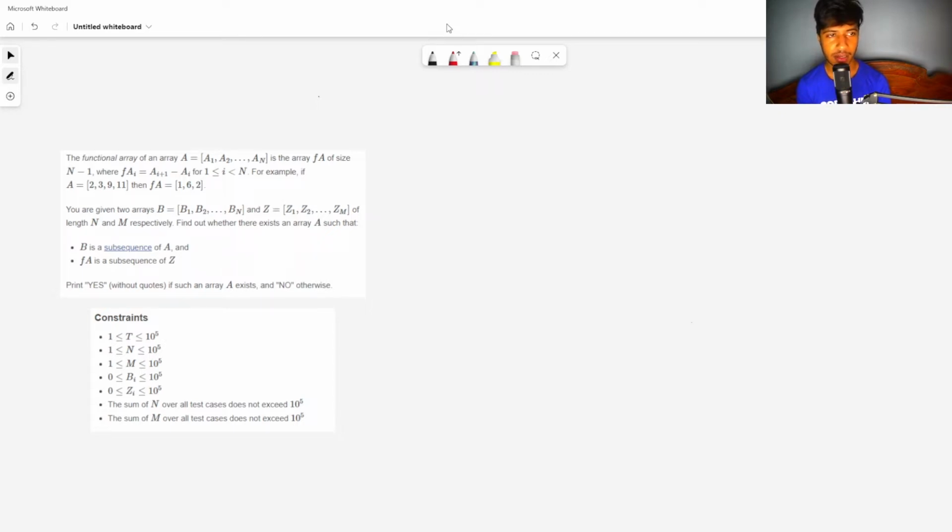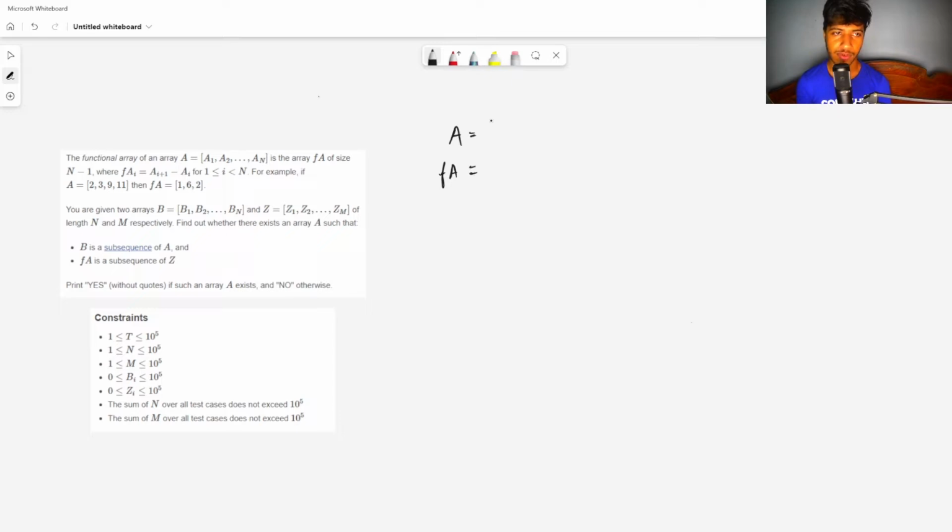The first paragraph tells you what a functional array means in this context. The second paragraph is the problem statement. So what does a functional array mean? A functional array of A, we call it f(A).